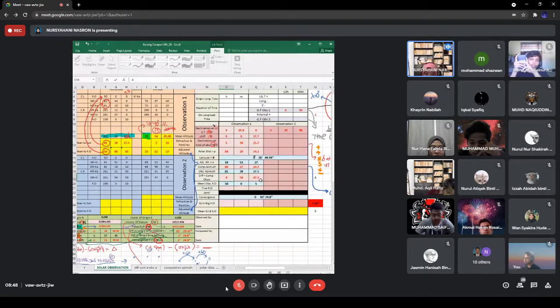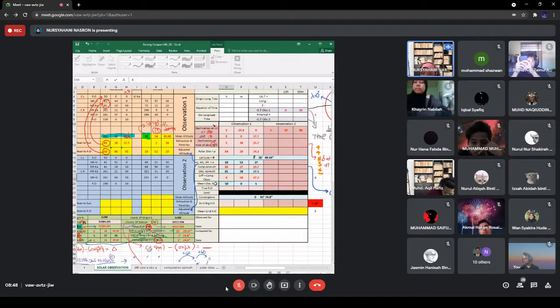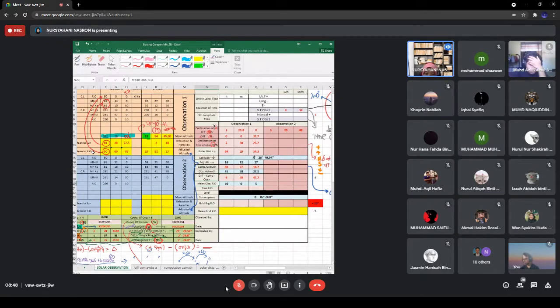And then we go to true RO, where we need to add the mean observation RO. The mean observation RO is the value that we observe for our RO, this one, 50 degree.